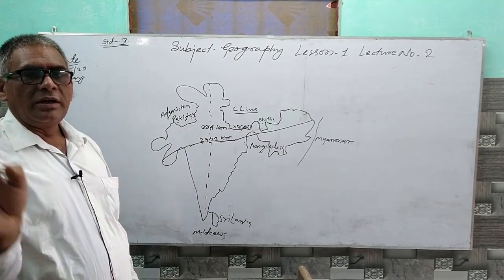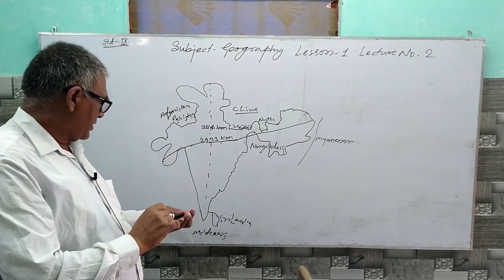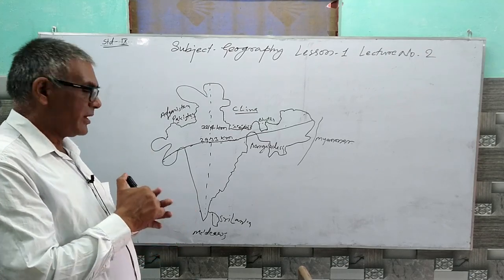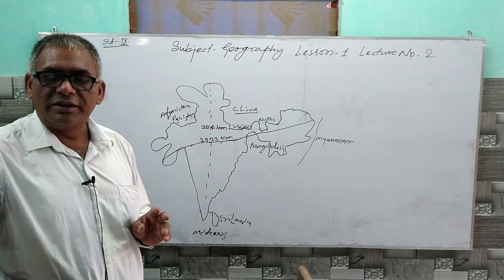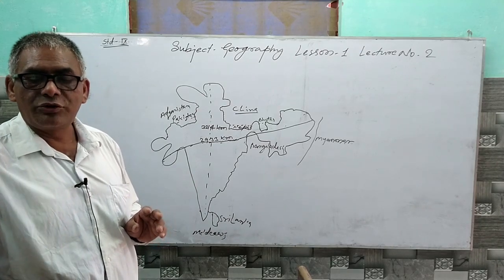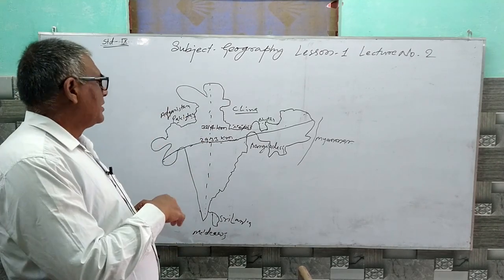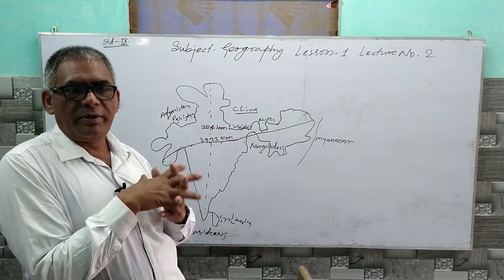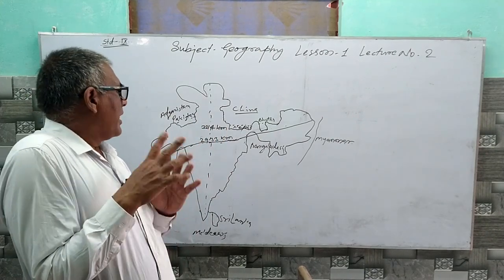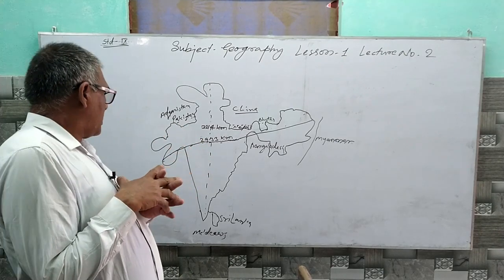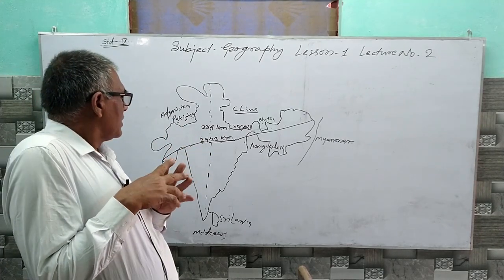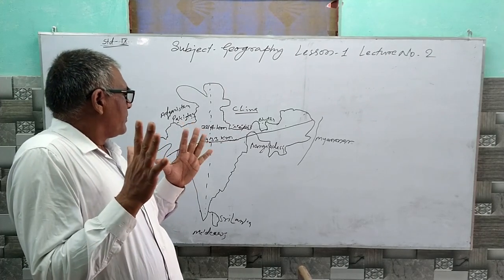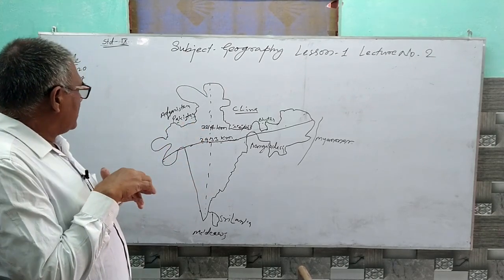You have also seen that India, along with its neighbors, forms a subcontinent. It means a part of a continent which is separated from the other parts of Asia by natural boundaries of mountains, oceans, seas, and so it is a subcontinent.